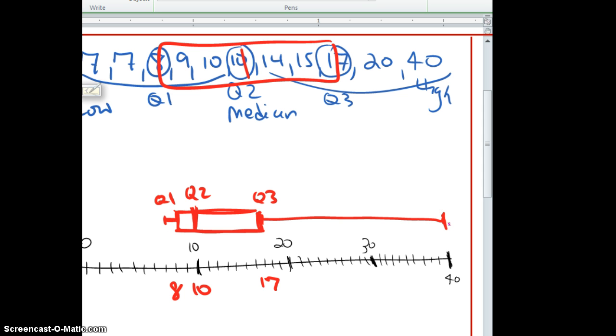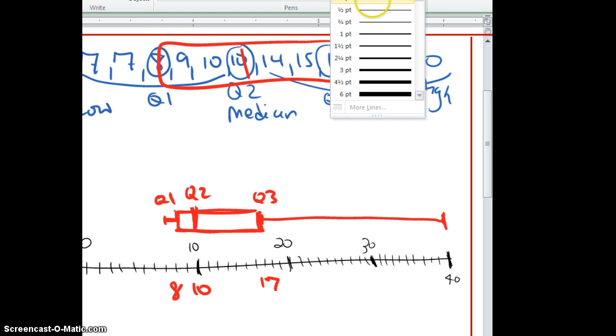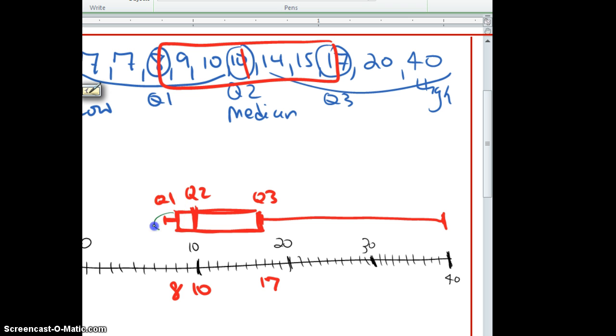Now, as far as interpreting this, these are percentiles. In every category, like right here, 25% of the people went in those amounts, so 7 or 8, and then another 25% here, another 25% here, and another 25% here. So you can tell if there's a lot of variability or not.